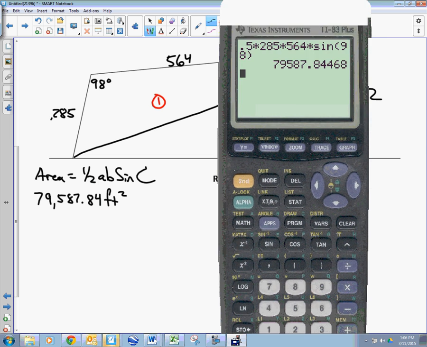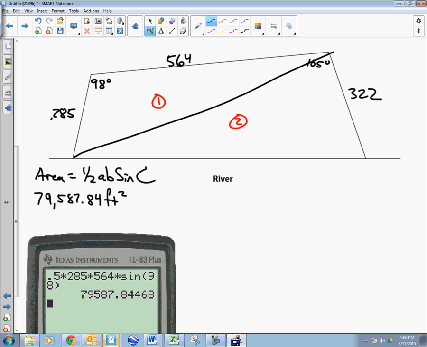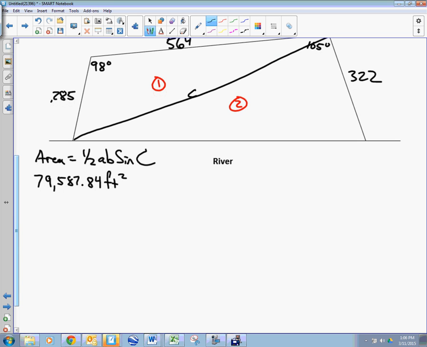In order to find the other one, I need more information. I got this side, but I also need a secondary side, don't I? I don't have this long side. Can I figure this long side out? How? Law of cosines. It says that if you have two sides and the included angle, you can find the opposite side. So that's what I will do. I will call this C. C squared is equal to 285 squared plus 564 squared, minus 2 times 285 times 564 times the cosine of 98.